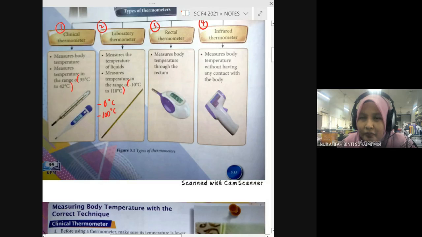Then the fourth thermometer is the infrared thermometer. We always use it at school and at office to measure body temperature without having any contact with the body. We just put it close to our head, our forehead.